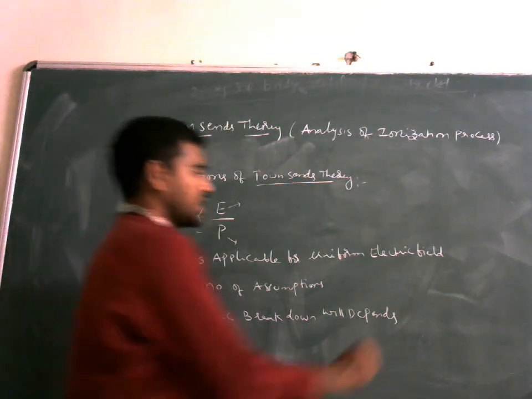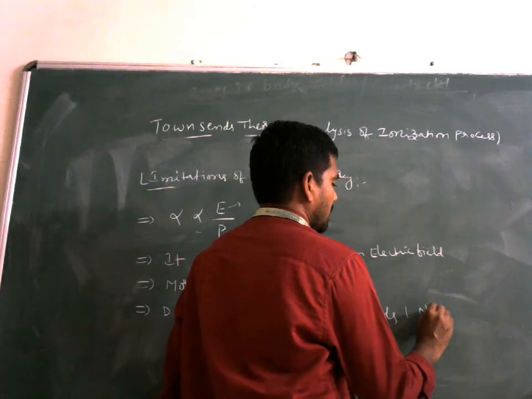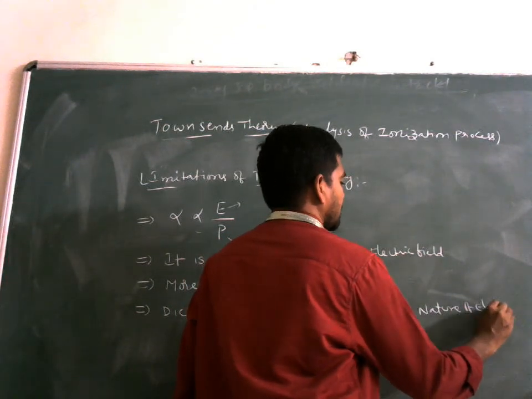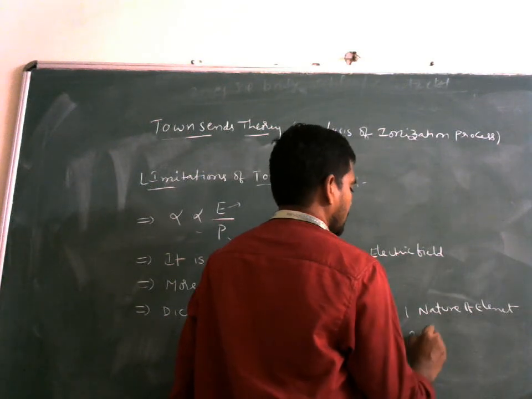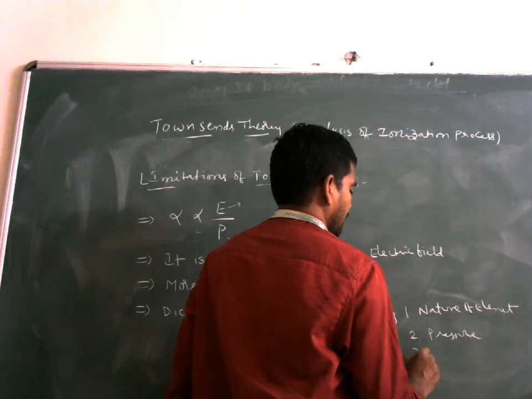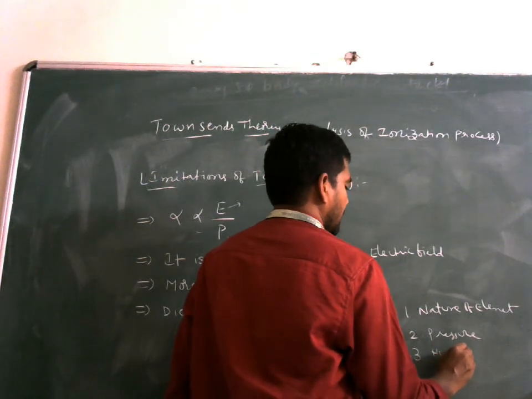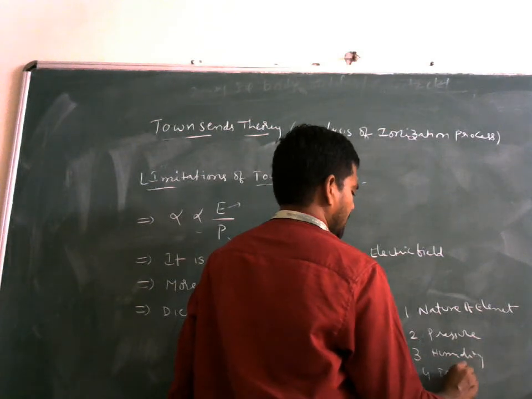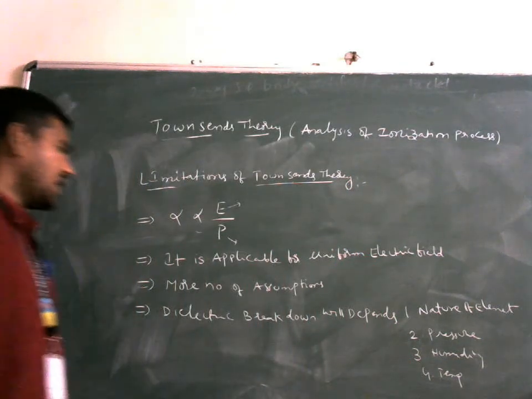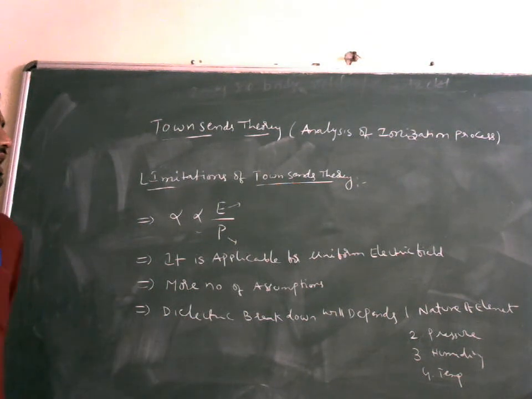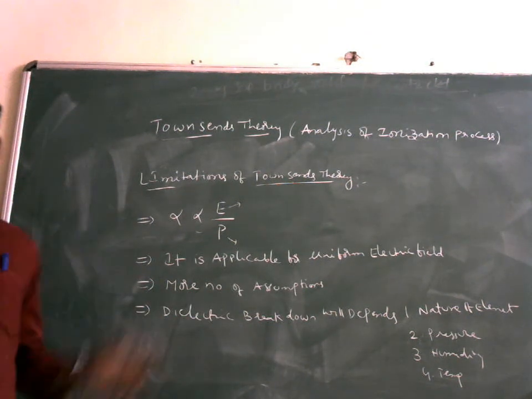The first one is the nature of the elements, which type of elements we take. Next are pressure, humidity and temperature, and then the breakdown will differ. The dielectric breakdown depends upon all these things. These are the limitations of Townsend's theory.